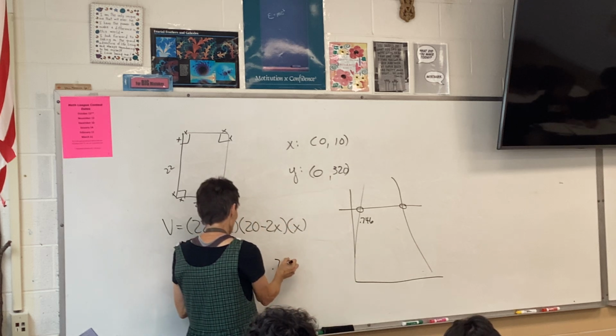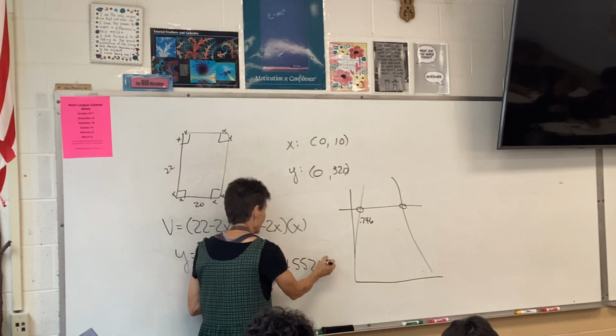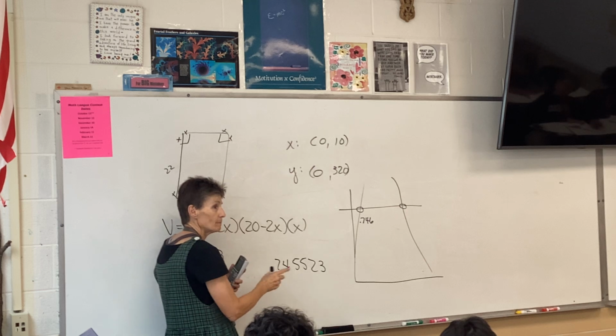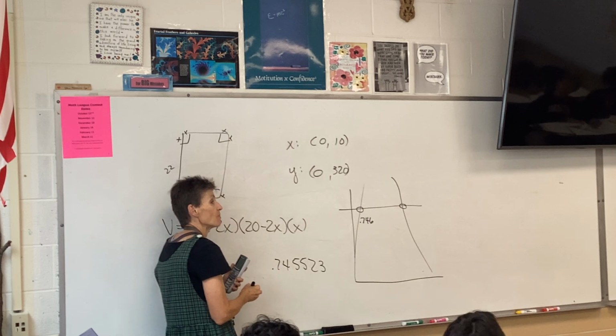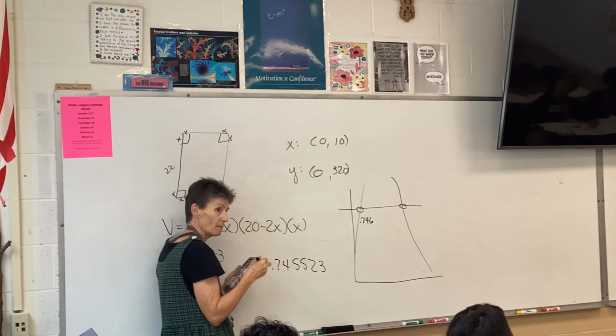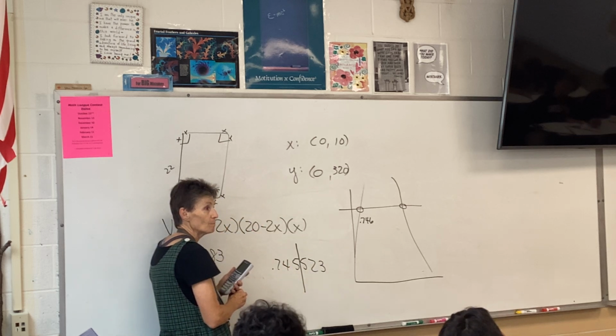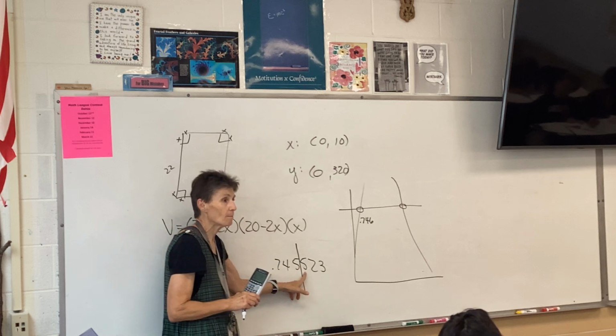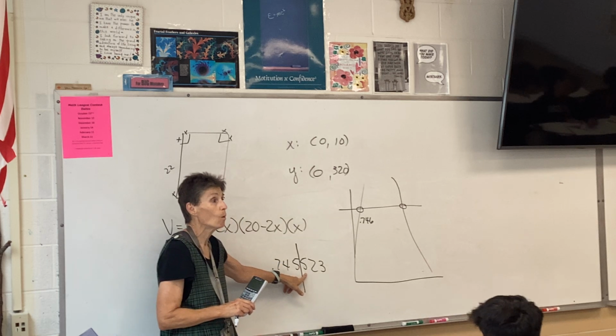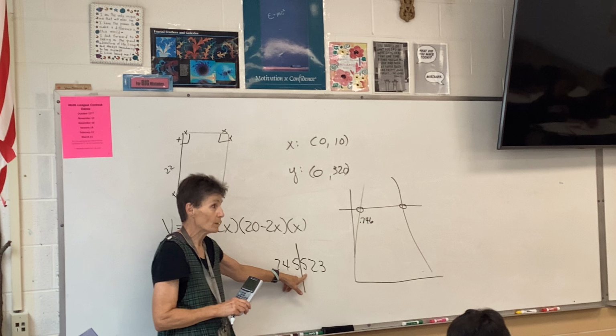Some of us have some round off issues, so let's spend a moment to talk about that. This is what I got on the calculator. If I'm rounding to the thousandths, which I'm making up, that would be right there, right? The rule is, if that number is 5 or more, we go up.